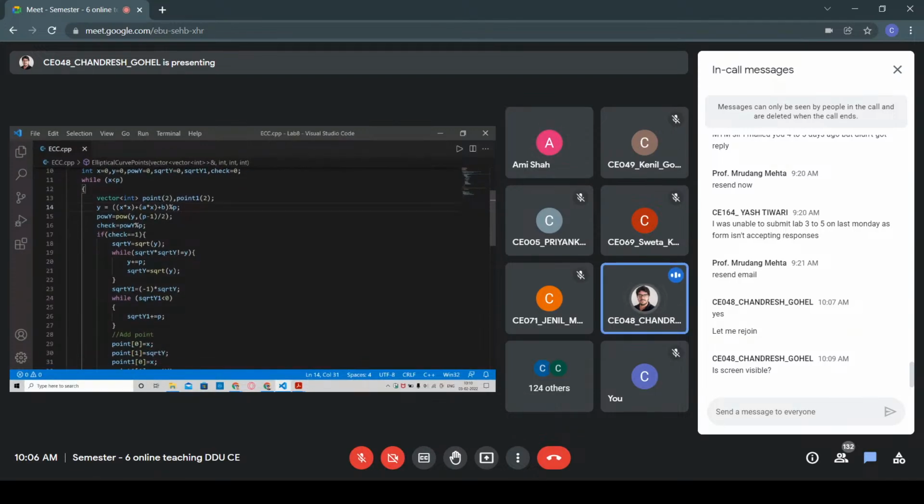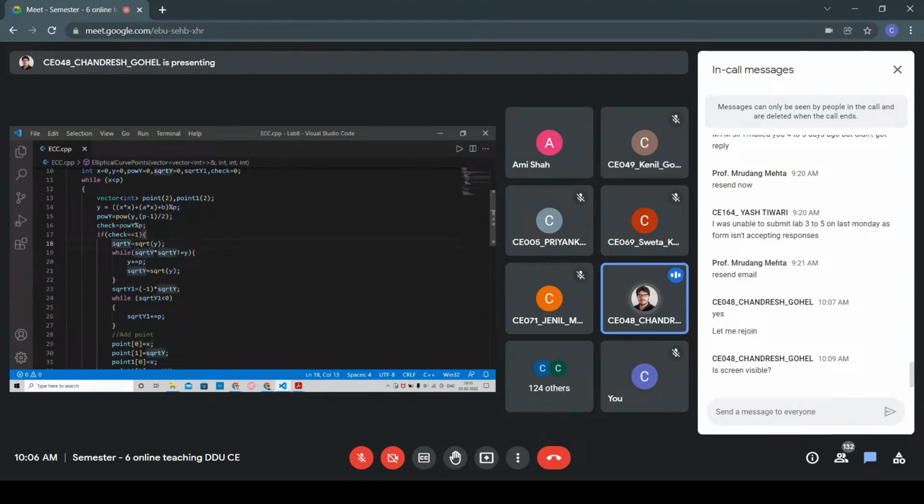Y is equal to x squared plus ax plus b mod p. Then I am finding the power of y, meaning y raised to (p minus 1) by 2. Then checking whether it is equal to 1 mod p or not. Then for 1 point we're finding 2 points.